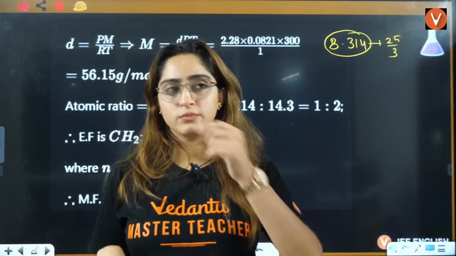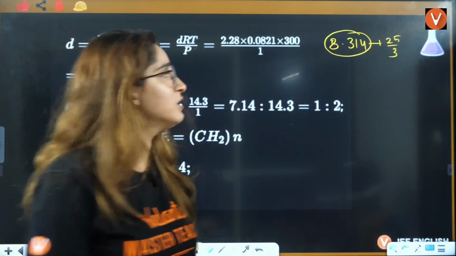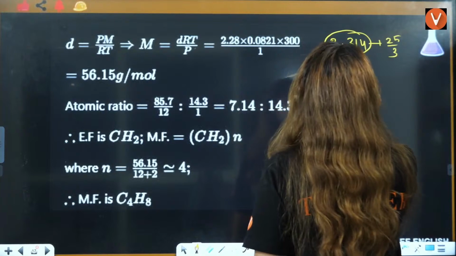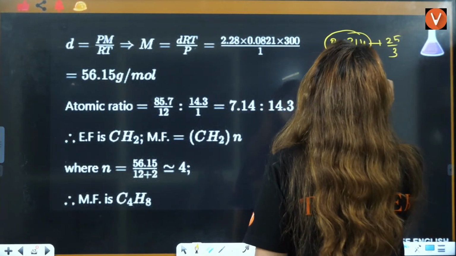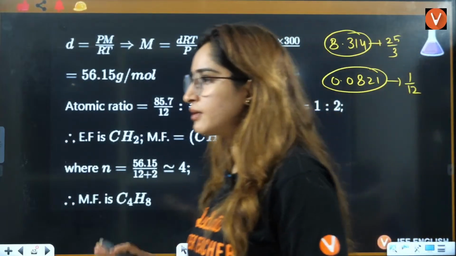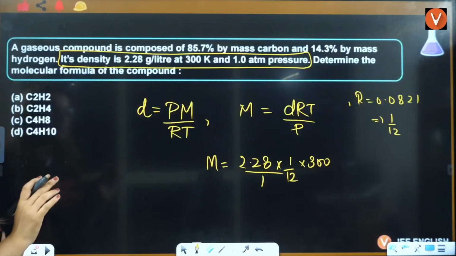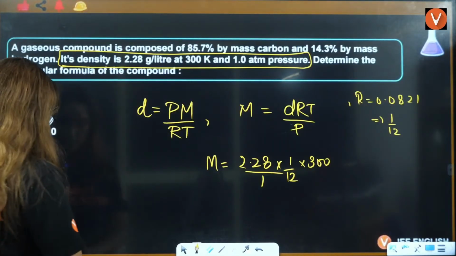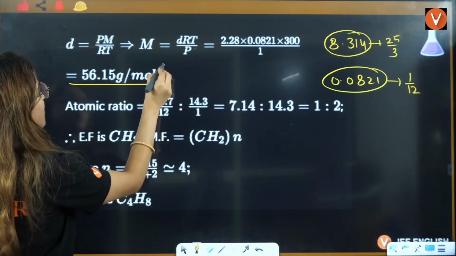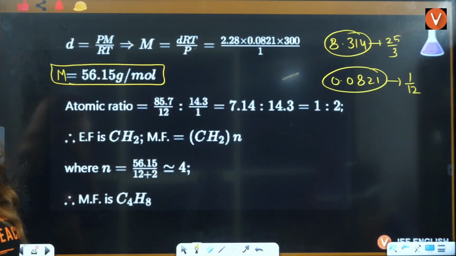When we are talking about volume and pressure in atmospheres, we take 0.0821, which is nothing but 1/12. In fractions, the calculations become easy. After calculating, the molar mass is 56.15 gram per mole.